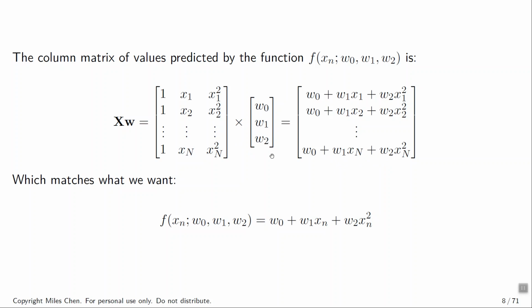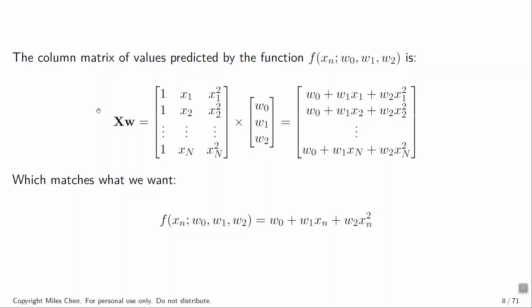So far, so good. All we've done is we've just added a column to the X matrix, and we're adding one more parameter to our W vector of weights or coefficients for the linear model.